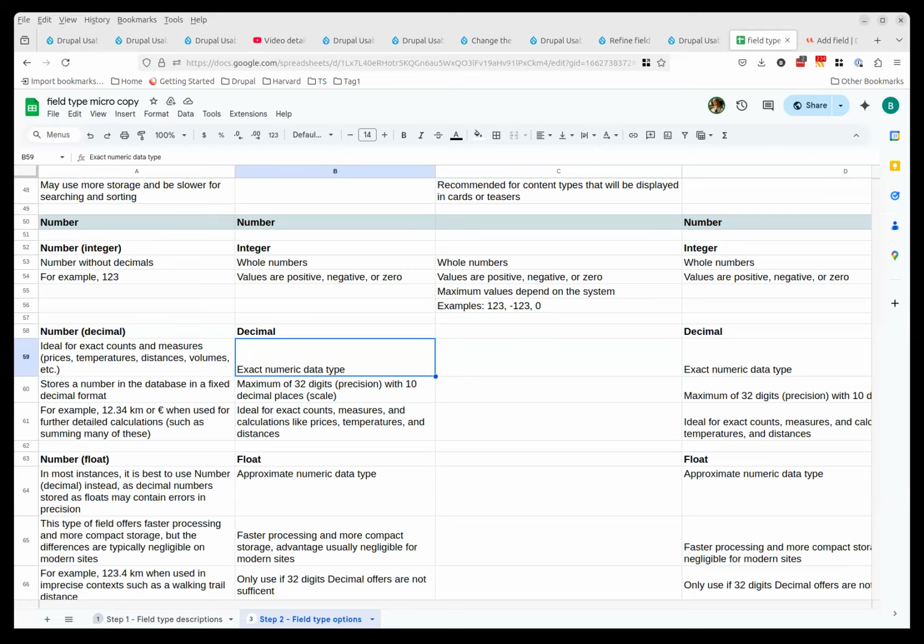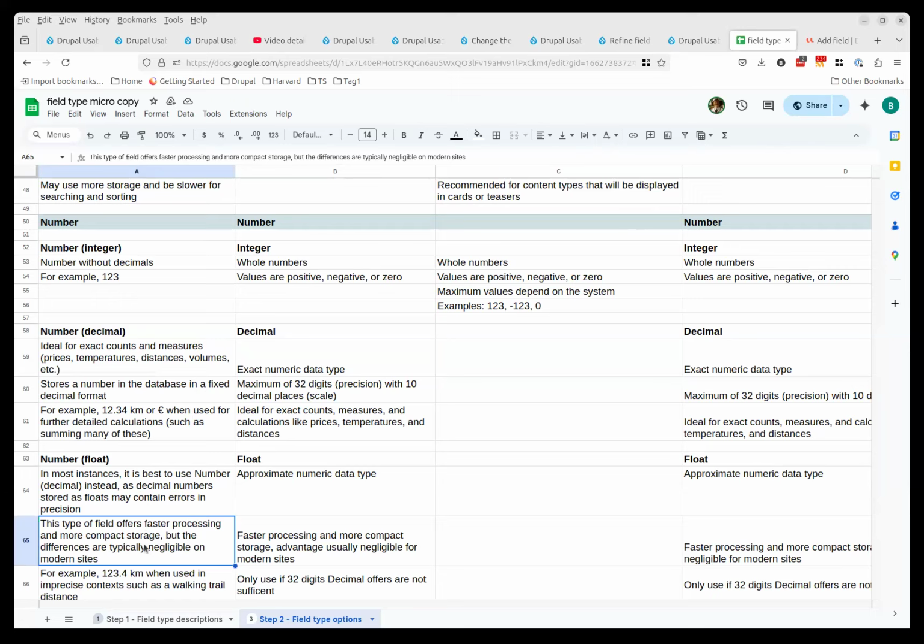So I guess, go ahead. May I just ask a non-technical person's question? What is then the actual difference? Because it was mentioned that in the decimal section there's the point about it being ideal for exact counts and measures. No, sorry, in the float section there is the point about its faster processing and more compact storage advantage, usually negligible for modern systems.